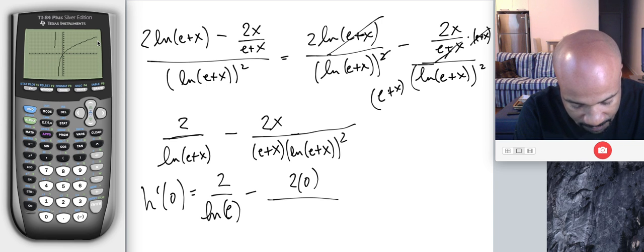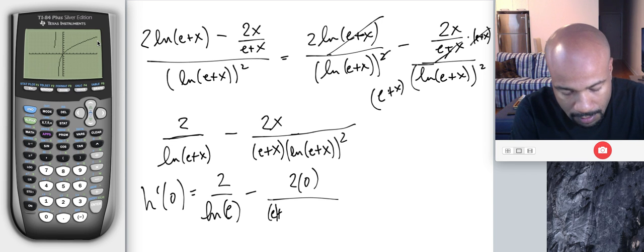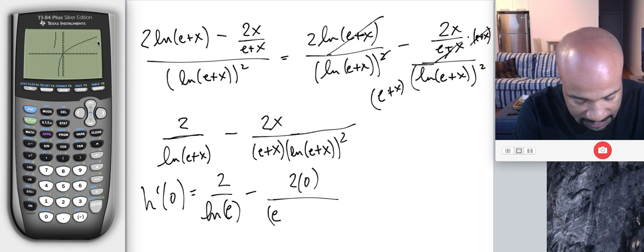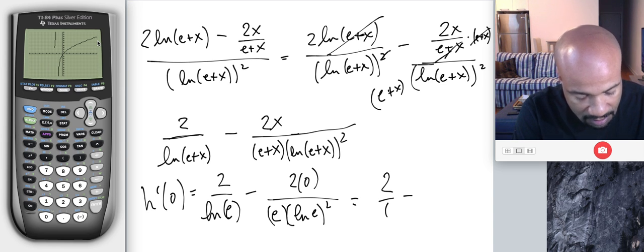So I have e plus 0, so that's e. I have e times the natural log of e squared. So that's 2 over 1 minus pretty much 0.